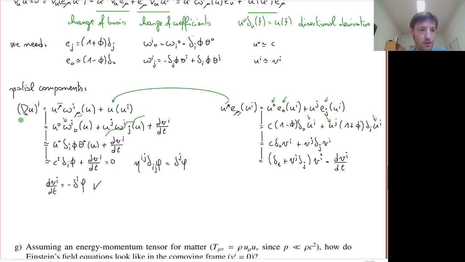That's equal to 0, because that's the geodesic equation, and now we just get this term on one side and this term on the other side. Keep in mind, there is a change from big phi to small phi because of the definition of phi. The big phi is defined as phi over c squared. That's why you don't see the c squared here, because we changed the definition of phi. And we are done.